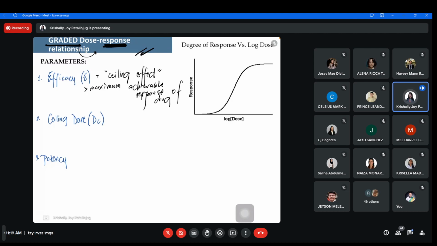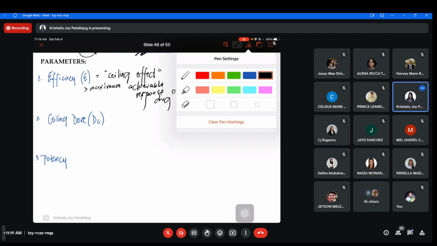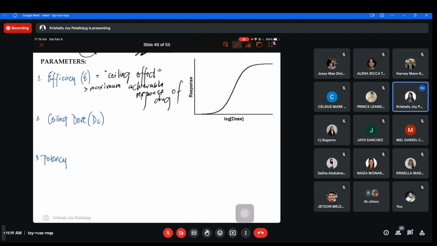Let's say for example, in this given curve on the right, the efficacy would be this. Didn't I say earlier that the y-axis is the response? So it tells about the efficacy. Okay, so if it's the maximum achievable response of a drug, then this will be its efficacy.